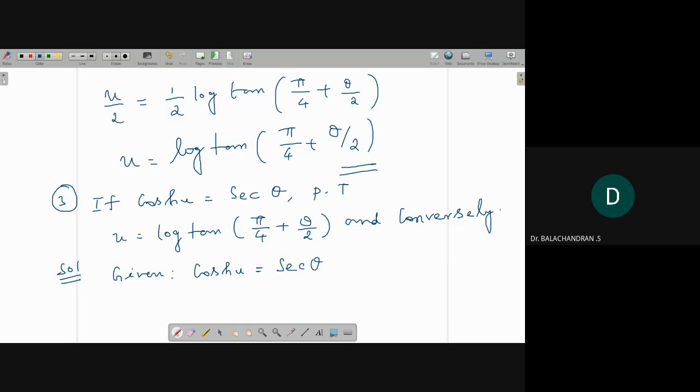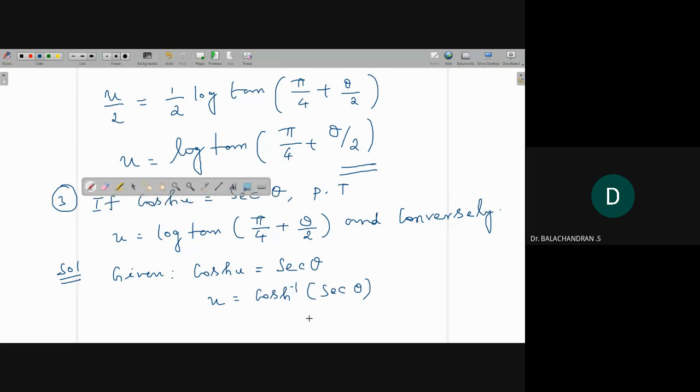So that's why I'll write u equal to cosh inverse of secant theta. So what is cosh inverse of x? Please refer to your previous class notes and then tell. The log of x plus root of x square minus 1.